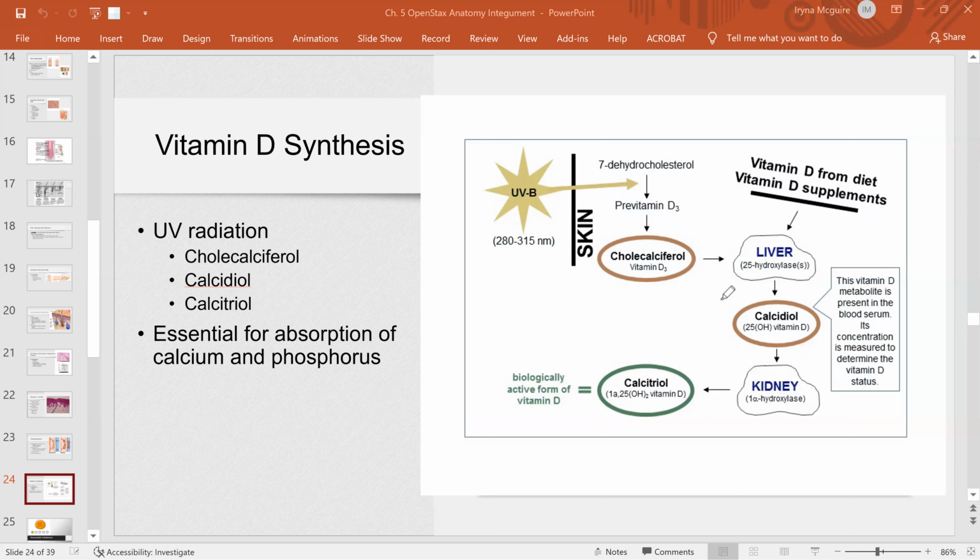It's interesting to know that this vitamin D metabolite, calcidiol, is present in the blood serum, and its concentration is measured to determine vitamin D status. So when they measure the amount of vitamin D, they actually measure the amount of calcidiol that will be converted further by the kidney into the active form of vitamin D.